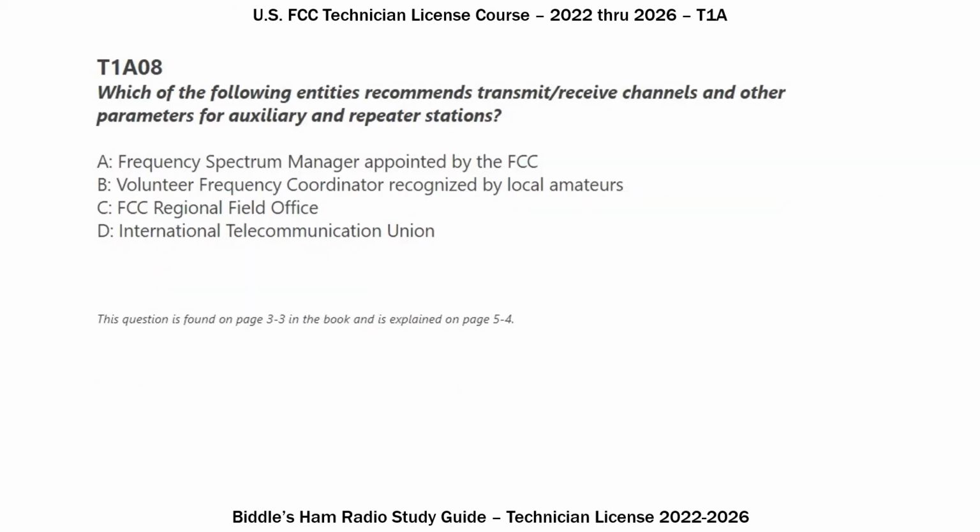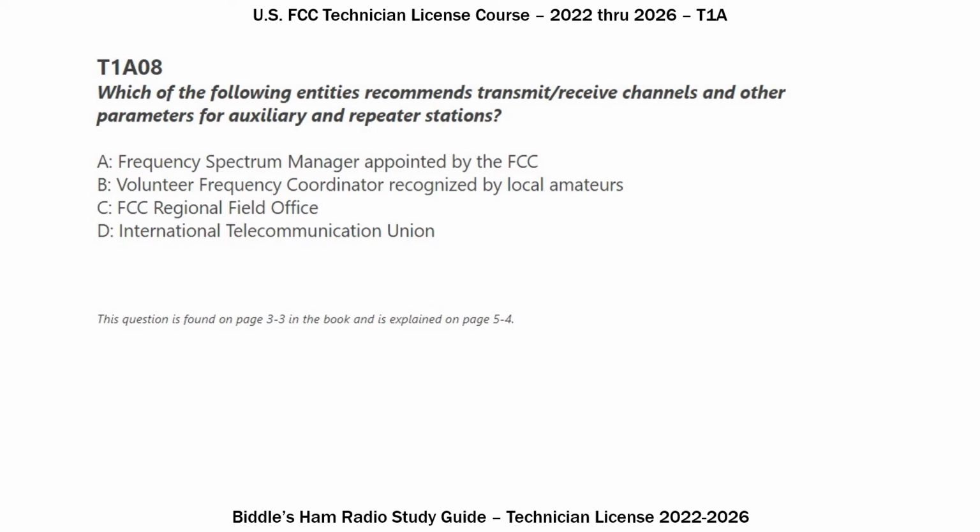So next question, T1A08. Which of the following entities recommends transmit/receive channels and other parameters for auxiliary and repeater stations? So we're looking for an organization when they talk about entity. Our options are A, frequency spectrum manager appointed by the FCC.